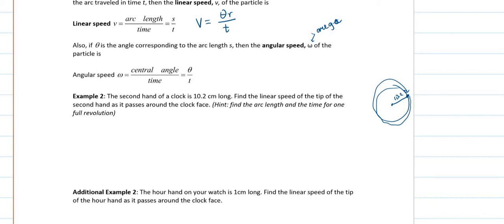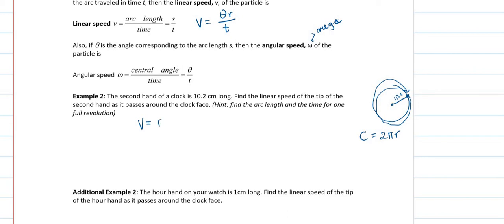Arc length is going to be S, but remember that S is the radius times the angle. Well, one revolution is going to be all the way around the circle. That's the circumference, which is 2 pi r. So if we have one full revolution, we're going to end up with our formula looking like this.